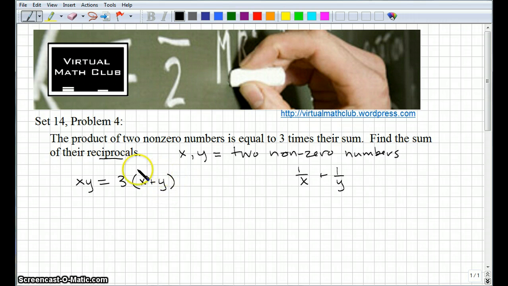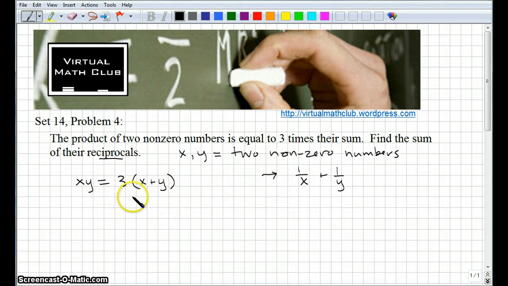That is the equation that corresponds with this first statement: the product of two numbers is equal to 3 times the sum of those same two numbers. And you can see we have parentheses because we want to take 3 times the whole sum. We don't want to take just 3 times x or 3 times y. We want to take 3 times the quantity x plus y. And we want to find this.